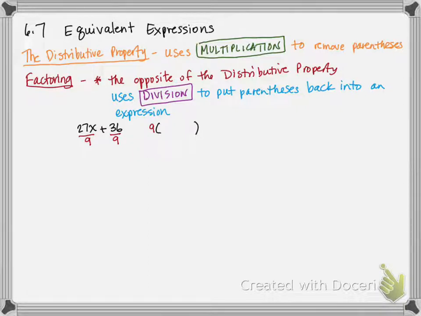So again, we got 27x divided by 9, that's going to give me 3x. And then plus 36 divided by 9 is 4. So remember, the GCF, greatest common factor, is 9. Okay, so that's another way that you can solve these problems. I love the factor ladder though.